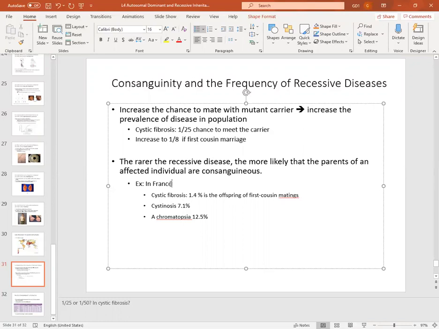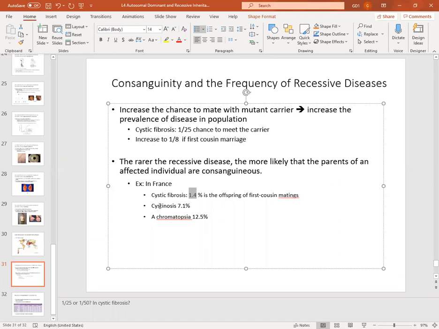For example, in France they did some research. Cystic fibrosis is about 1.4% in the offspring of first cousin mating. Quite low, because cystic fibrosis is kind of common in Europe.